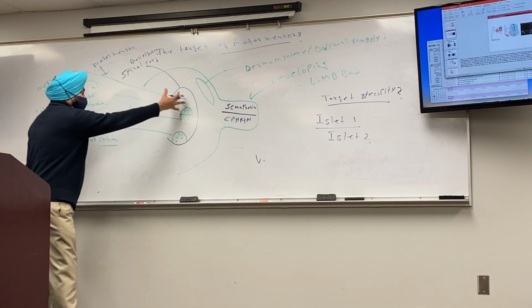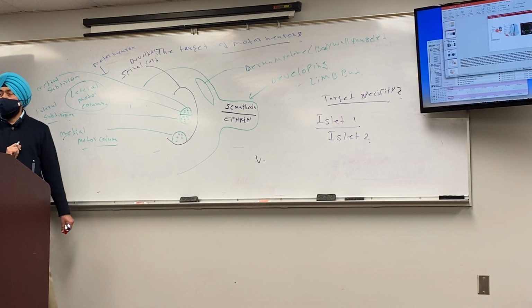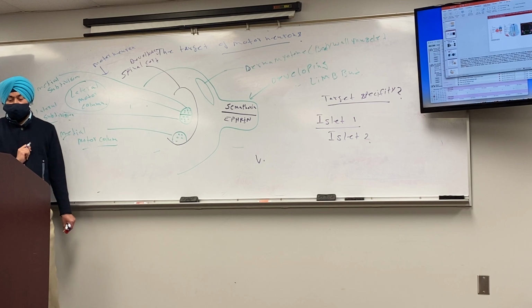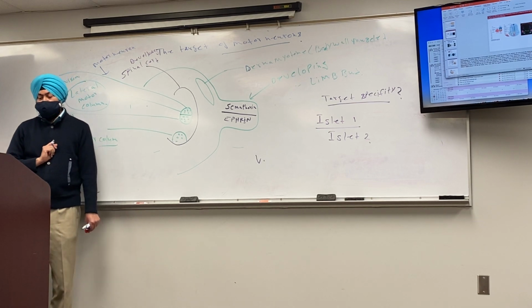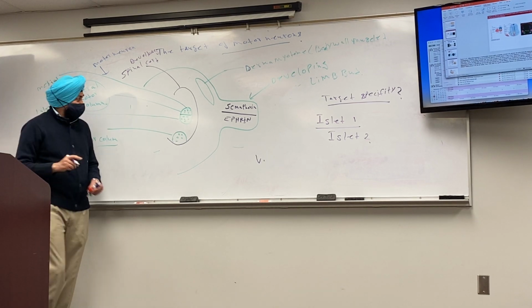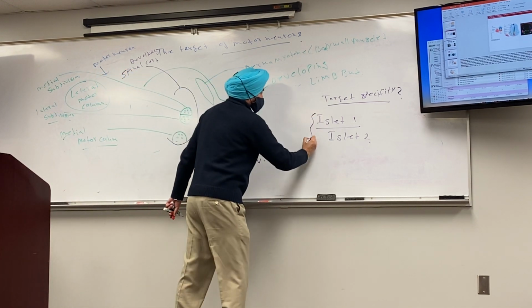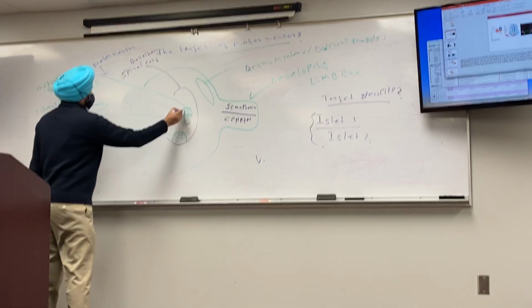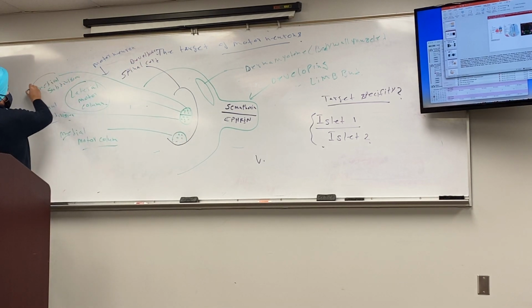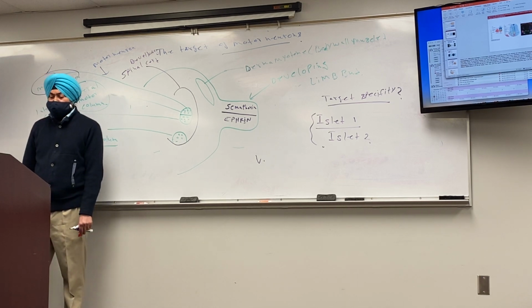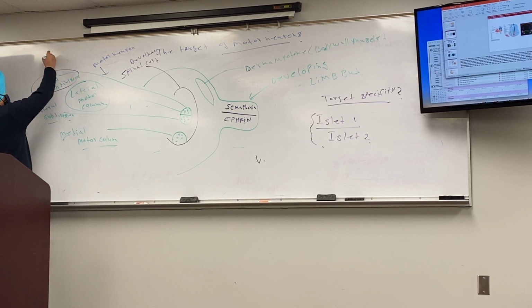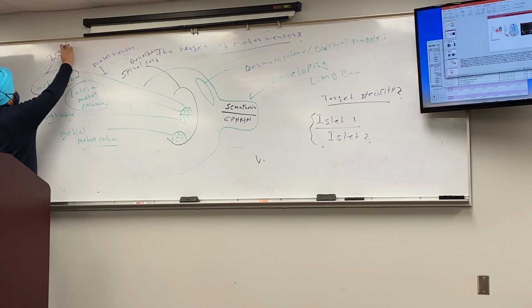They are present in all of these neurons. So if these neurons are expressing Islet 1 and Islet 2 throughout, let's see this group of neurons, the medial subdivision. These groups of neurons are always having Islet 1, Islet 2.